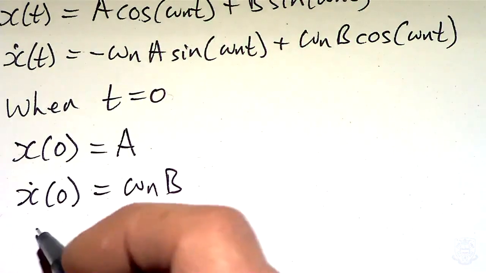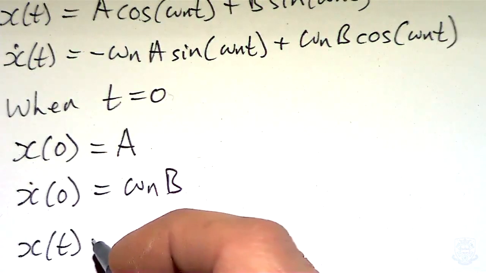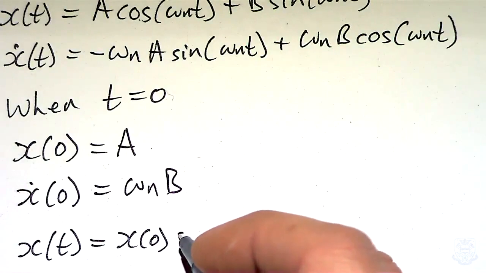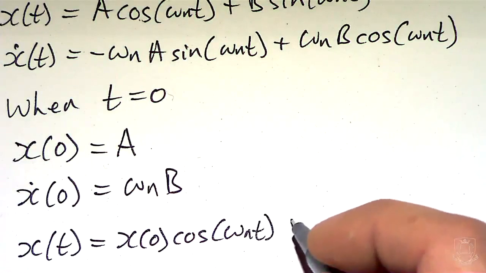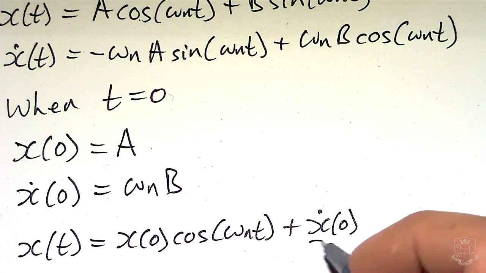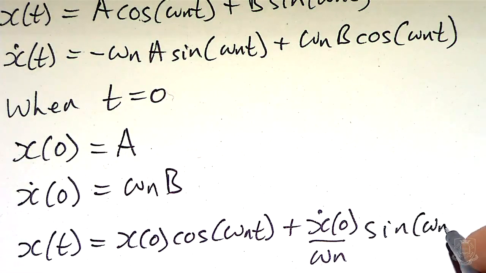So finally, you can write that your solution to this differential equation is equal to x0 times cos omega n t plus x dot 0 over omega n sine omega n times t.